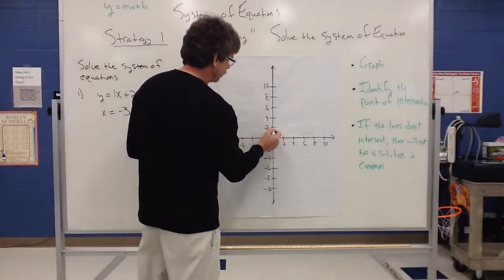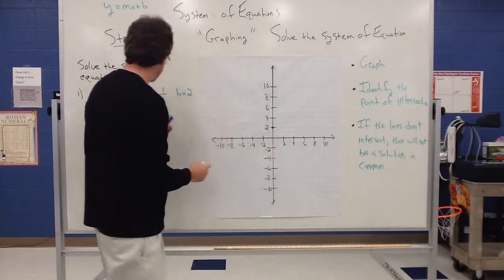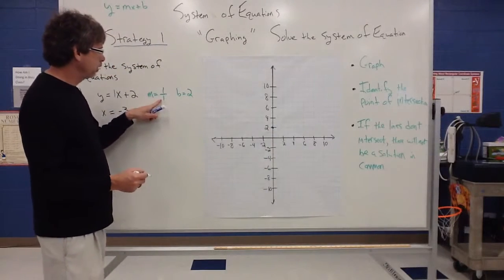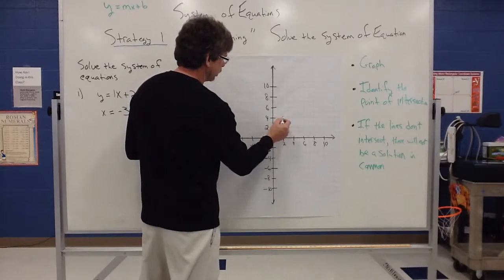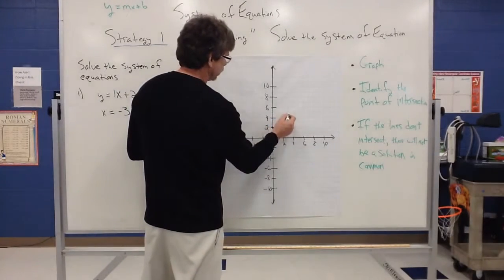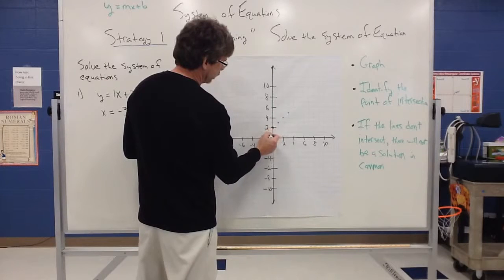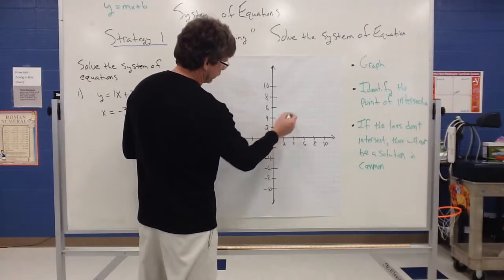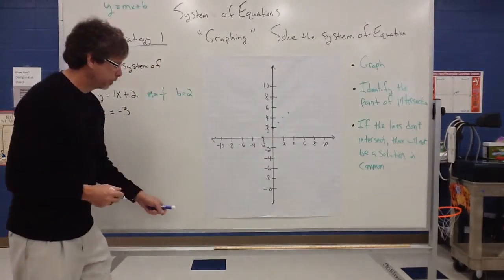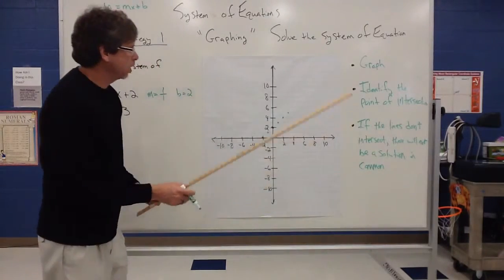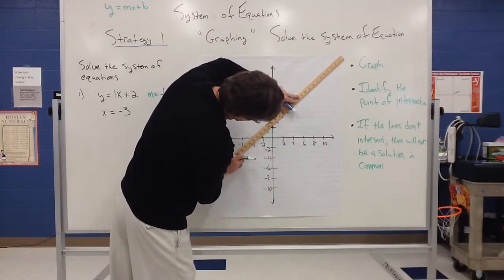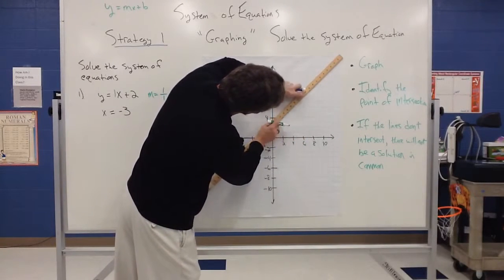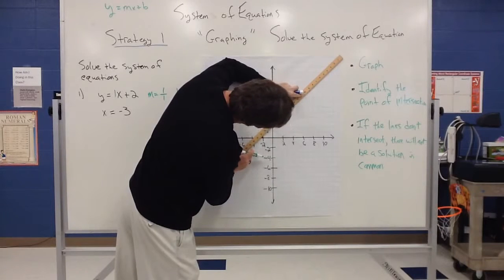So we have our y-intercept of 2. From there we can rise up 1, run over 1. So up 1 over 1, up 1 over 1, up 1 over 1. And I can also go down and left, down and left. That also creates a pathway for my line. So I can line those points up and draw my solution here.